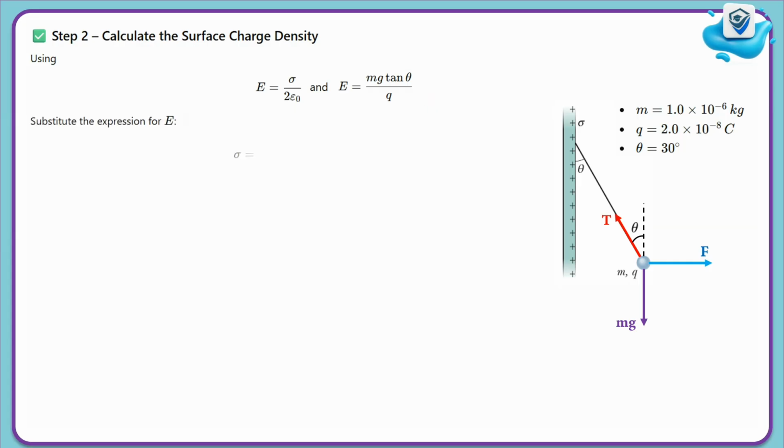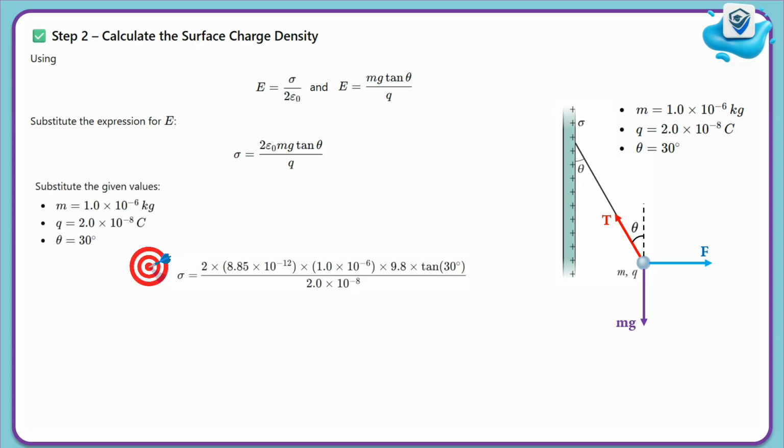Rearranging gives sigma equals 2 epsilon 0 times mg times tangent theta divided by Q. Finally, substitute the given values into the equation. After calculation, we obtain sigma equals approximately 5.0 times 10 to the power of negative 9 coulombs per square meter.